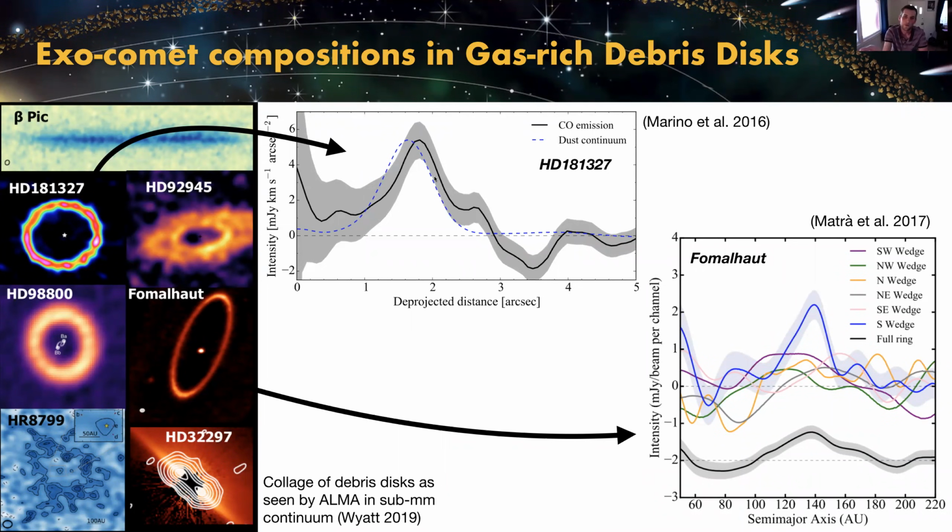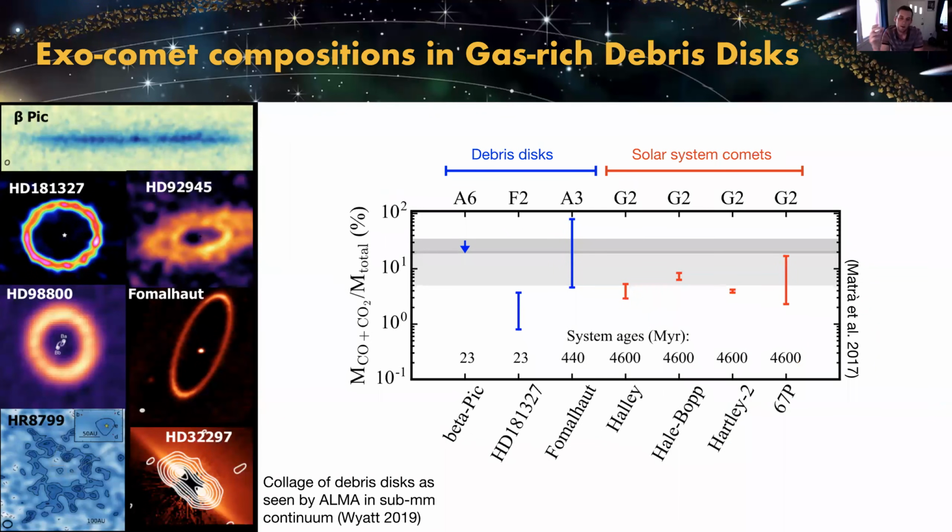So this has worked for these two objects, and Luca Matrà and others, by using the models that connect the dust production rate to the CO production and destruction rate, have been able to tease out what the total CO and CO2 masses are of these planetesimals, right?